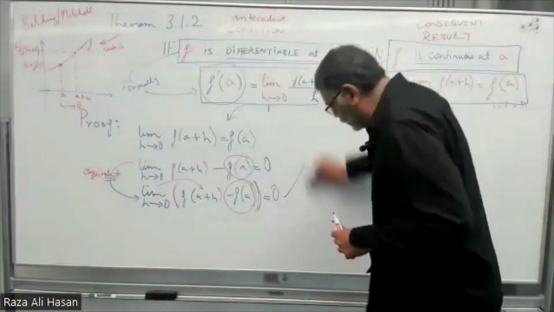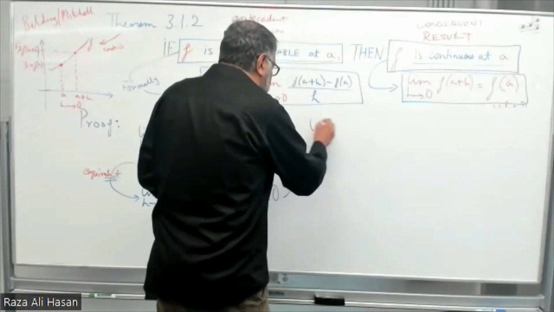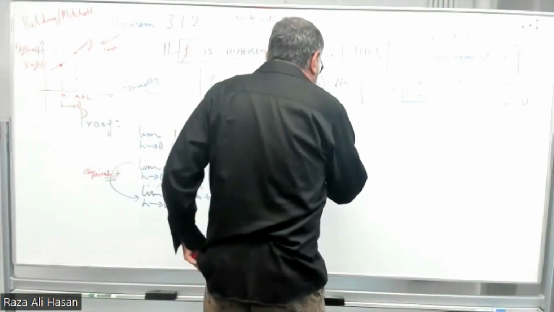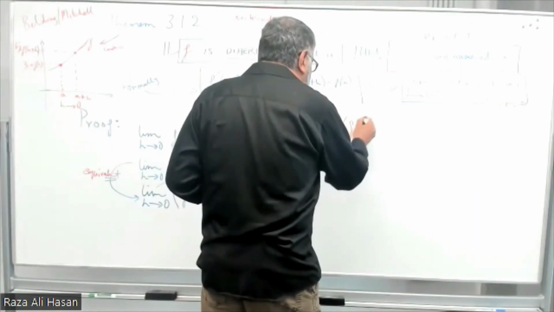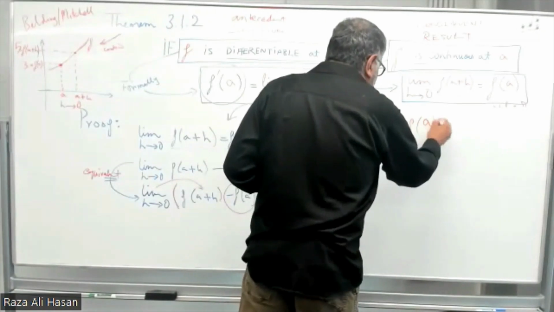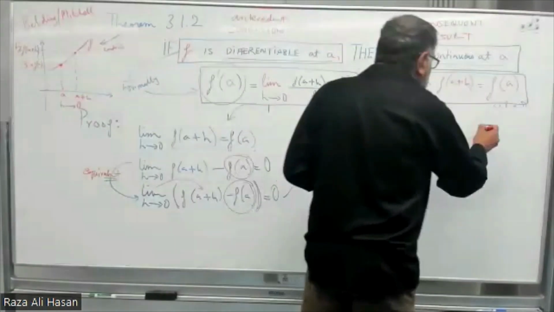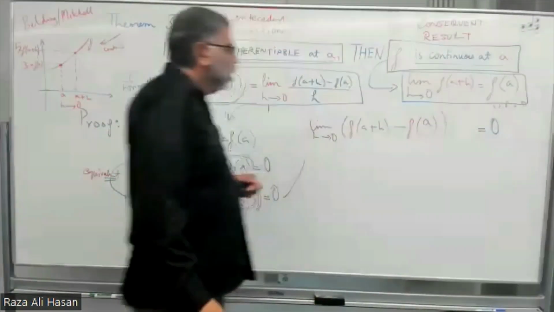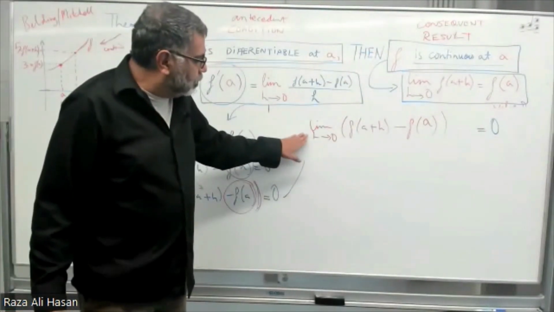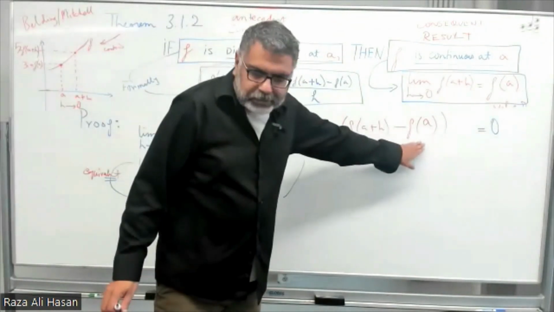Our next step is the limit as h goes to 0 of... All right, so what do we have now? We have the limit applying to the difference of the first term and the second term.